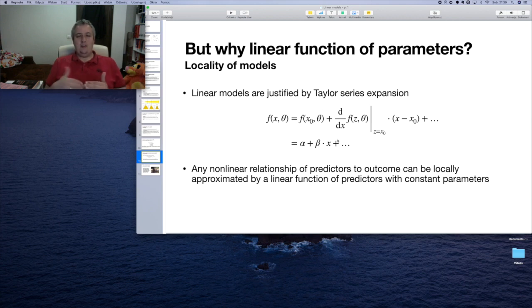But that is not a problem, because those new parameters are also present linearly here, because they are not dependent on the predictors, only on the original values of parameters. So we can get those parameters here, and our model locally will work. We won't have these relationships between, for example, alpha and theta explicitly, but the value of alpha and the value of beta will be enough for us to do some predictions, locally.